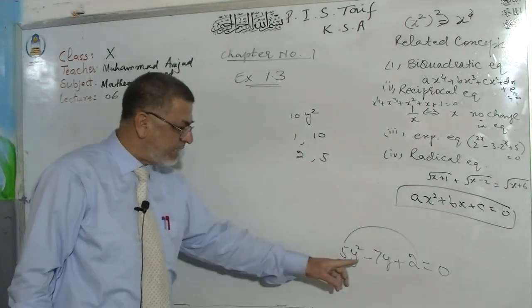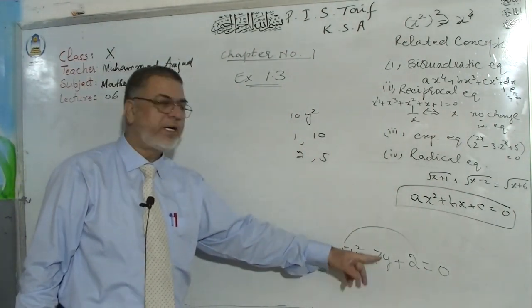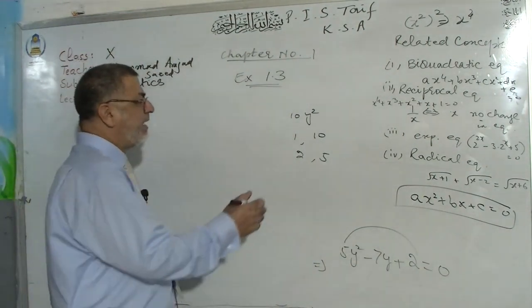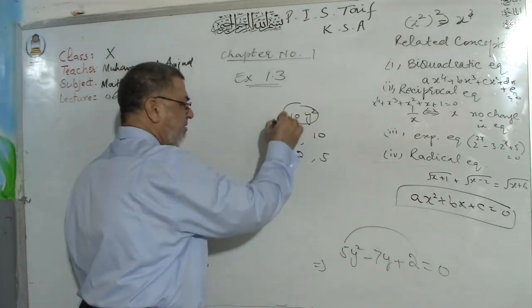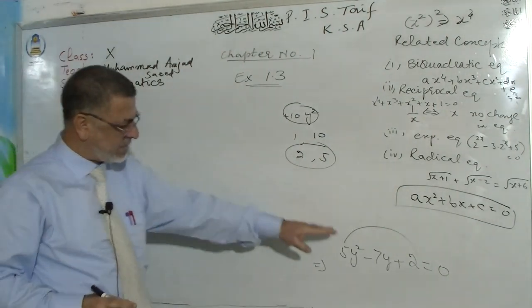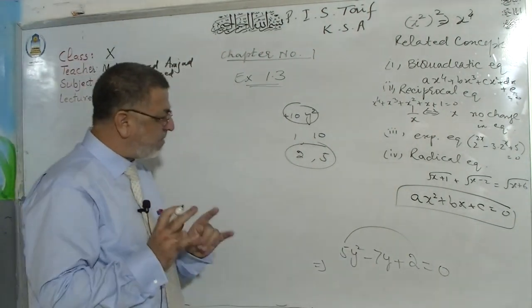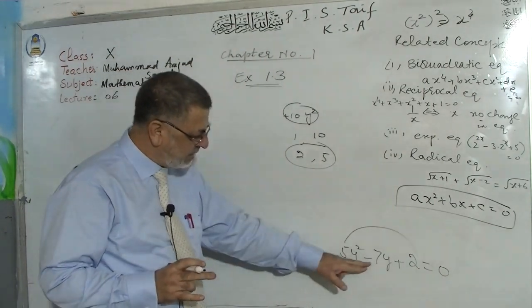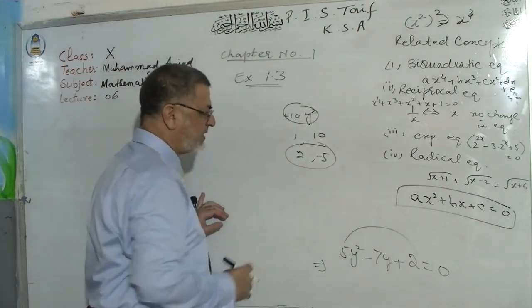Which pair makes 7 by adding or subtracting, and by multiplying you must get plus 10? Definitely they are 5 and 2. They make 7. But remember, the bigger component will have the sign from the center. So it is minus 5.